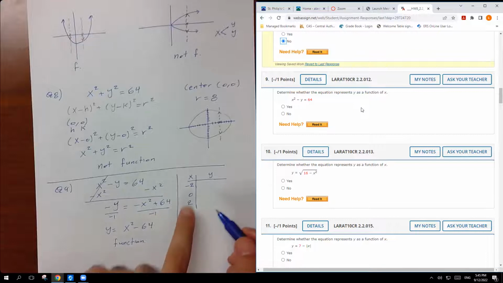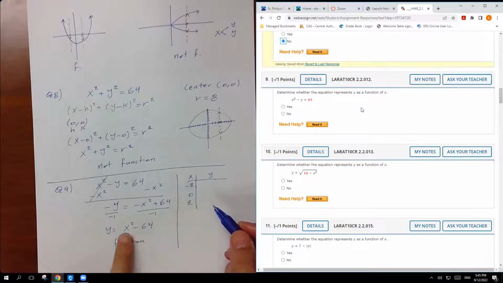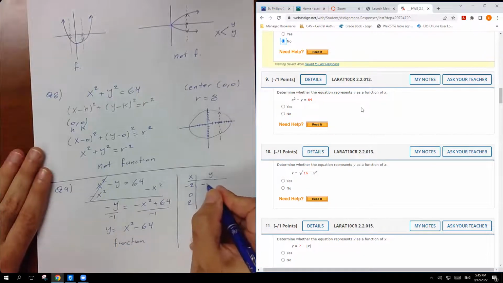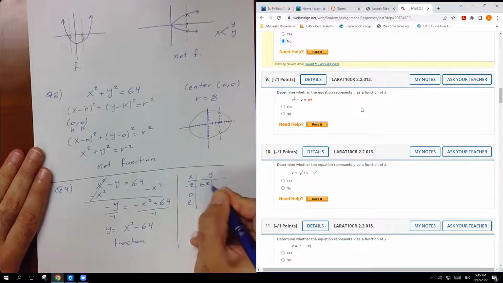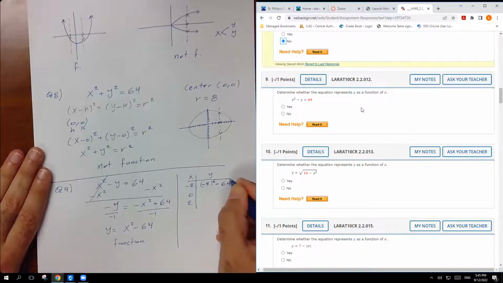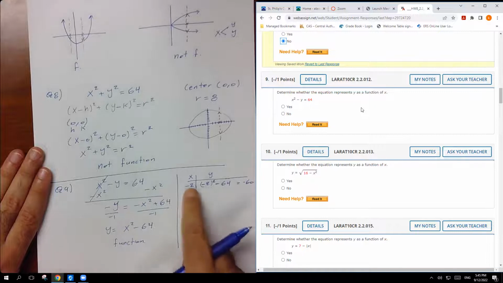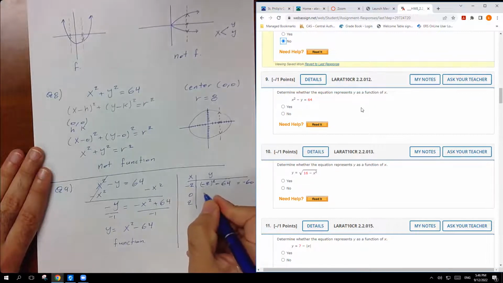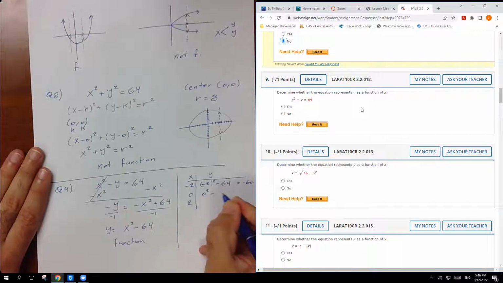So plug in -2. It's going to be -2 squared minus 64. That means 4 minus 64 is going to be -60. This is the first point, x and y. Plug in 0, so it's going to be 0 squared minus 64, which is -64.